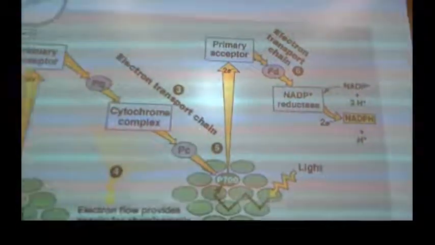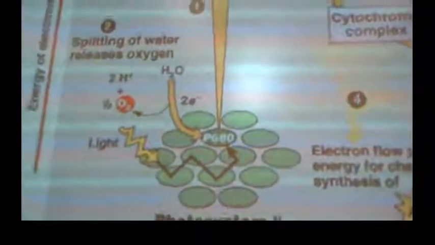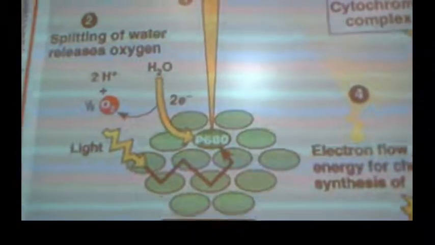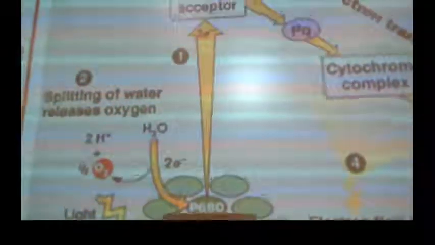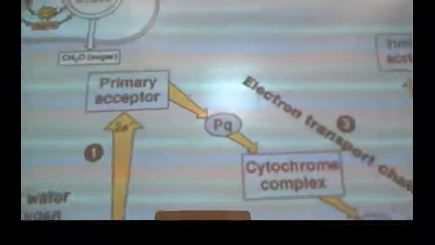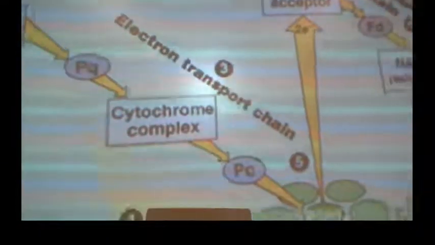Okay? So the electrons that started over here, that were energized by the sun, are going to move through a series of membrane proteins back to photosystem 1 so they can be re-energized.